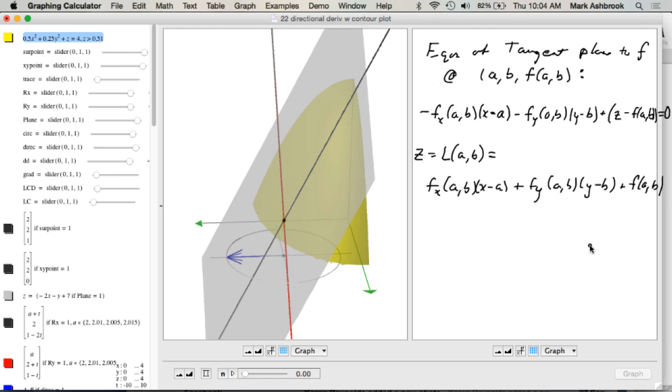So this is called the linearization of f at the point (a, b). It's like the twin brother of the tangent plane, because it is the equation of the tangent plane, but solved for z. And what are we going to do? We're going to use that to estimate values of z close to (a, b, f(a, b)), because it's the tangent plane.